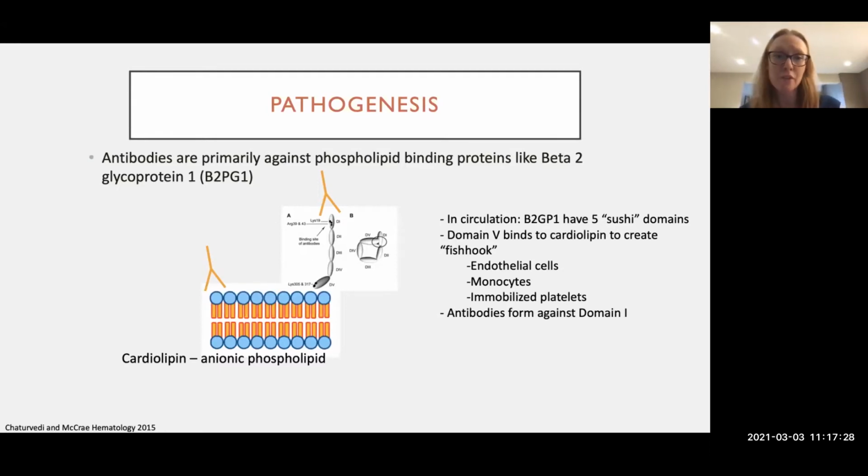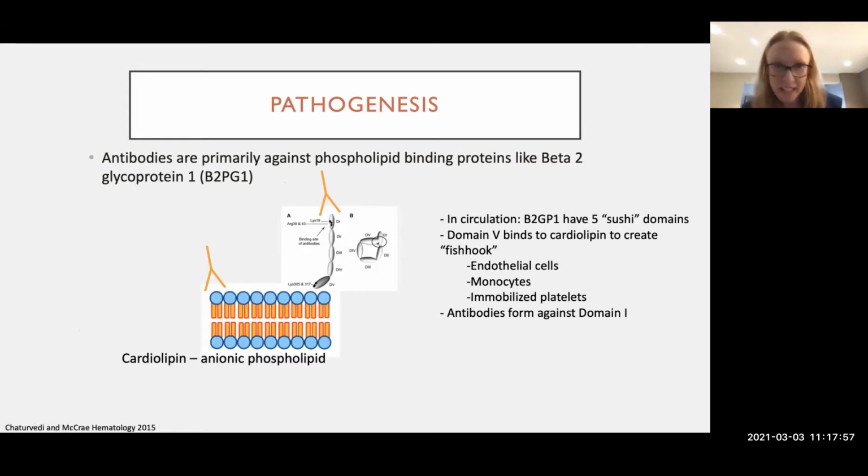And domain 5, this kind of darker domain, will bind to cardiolipin, an anionic phospholipid, and create more of a fish hook. It kind of opens up, and then there can be antibodies that form against the top, or domain 1. And there are many other antibodies, including anticardiolipin and others not really discussed today.